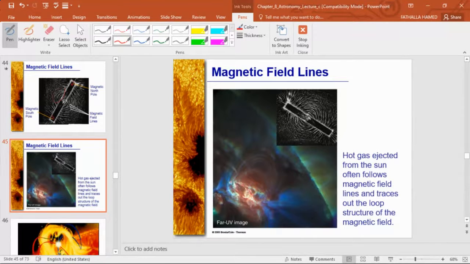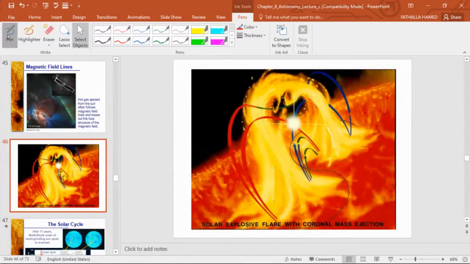It shoots out, and it follows a shape that resembles magnetic field lines, because magnetic field lines have to start from a pole and end up on another pole. So this has to do with the structure of the magnetic field of the sun. It gave evidence that yes, we have magnetic field lines. Material can loop out of the sun and then come back, and that's why the corona is very hot.